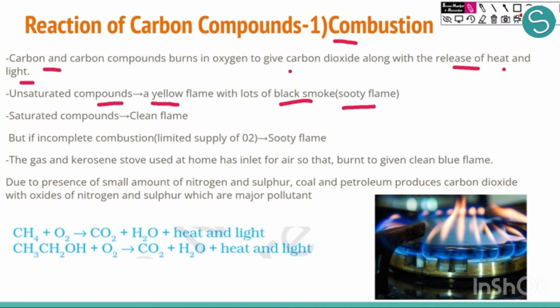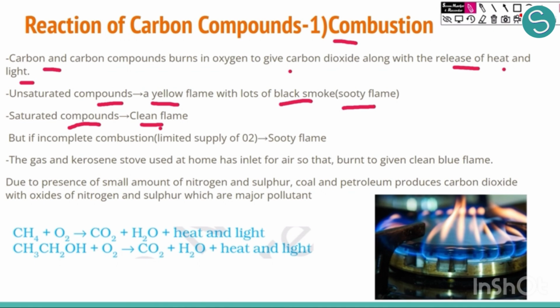But the saturated compounds always give us a clean flame. Okay, so this is the difference. For unsaturated compounds, we get a yellow flame with black smoke. With saturated compounds, we get a clean flame.